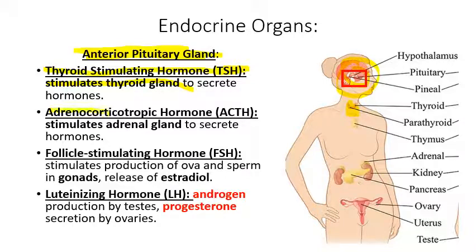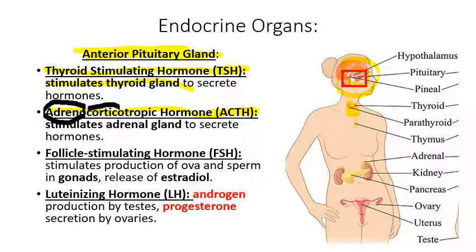Next, adrenocorticotropic hormone, abbreviated ACTH. Remember, I said it's easier to memorize these names. These names look like they're ridiculously hard, but in fact, you can memorize them in parts. Okay, so the word adreno refers to the adrenal gland.